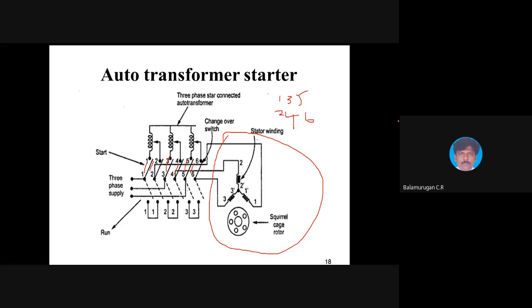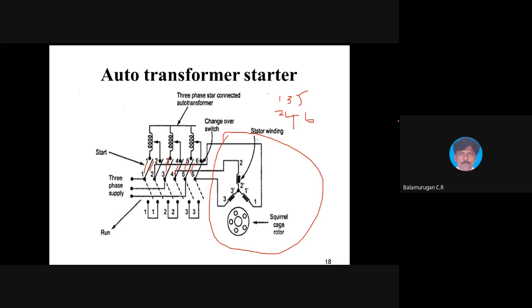Correct. Ruban, Meenakshi Sundaram, Hariharan, Avinash. So from the input, it will enter the odd numbers, and the entire winding 1 3 5 will receive the input supply. The output of the winding will be given to the even numbers, and from 2 4 6 it will be applied to the stator winding.